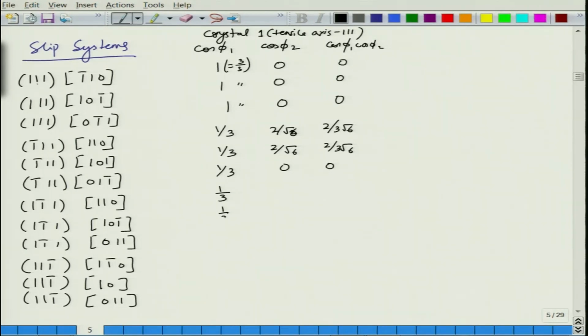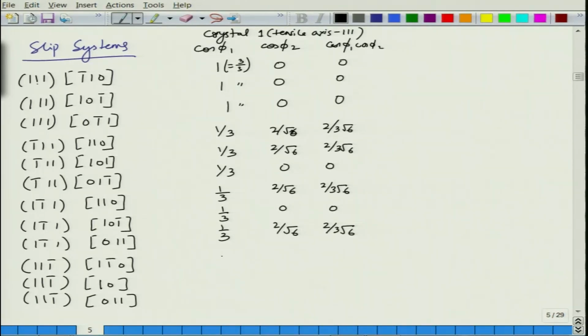Taking the dot products, cos phi 1 comes to 1 by 3 for all three of them, and cos phi 2 will be 2 by root 6 for the first one, 0 for the second one, and 2 by root 6 for the third one. So, this will be 2 divided by 3 root 6, 0 and 2 divided by 3 root 6.